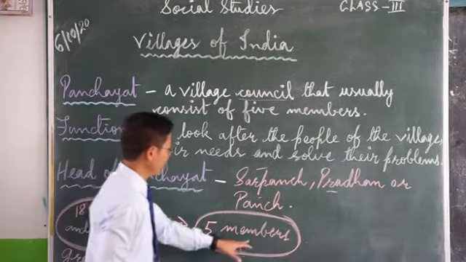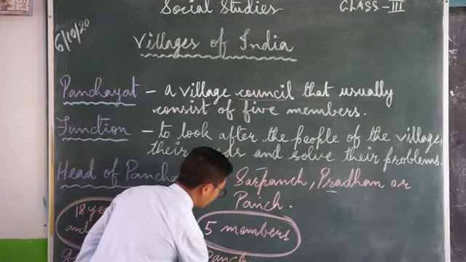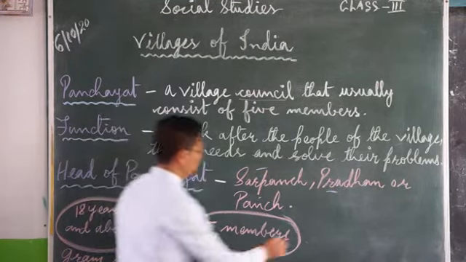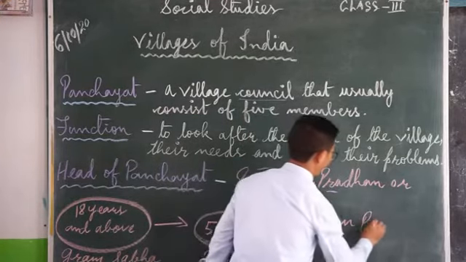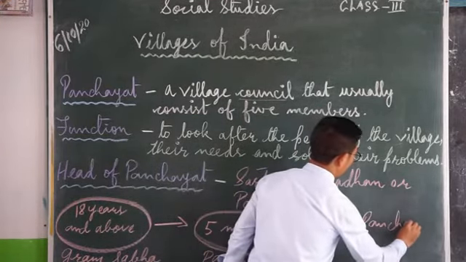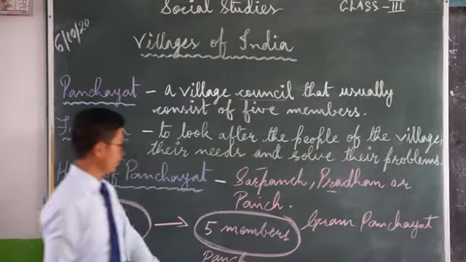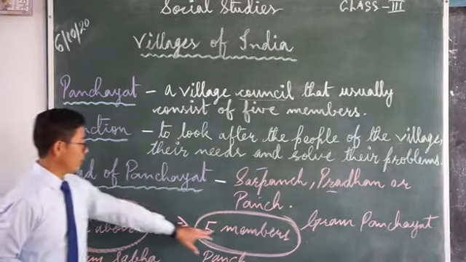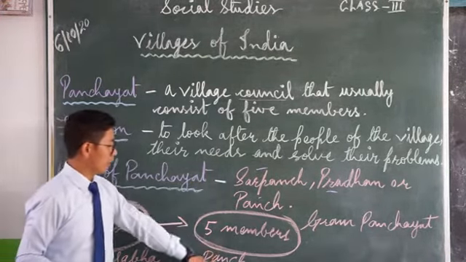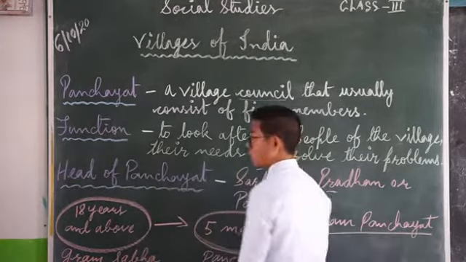Now these 5 members are called Panch, okay, and they are called Gram Panchayat. See, this Gram Sabha elects 5 members which are called Panch, and they make up the Gram Panchayat.